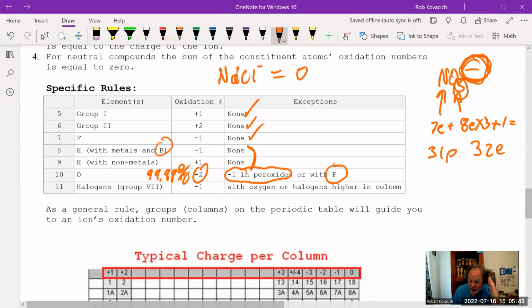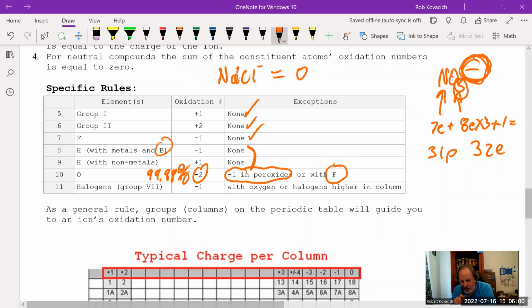The halogens are always going to be -1. That's going to be that column 17 or 7A that starts with fluorine, goes down to astatine, although we don't really care about that one. Those guys are going to have a -1 charge unless they're with oxygen or a halogen higher.